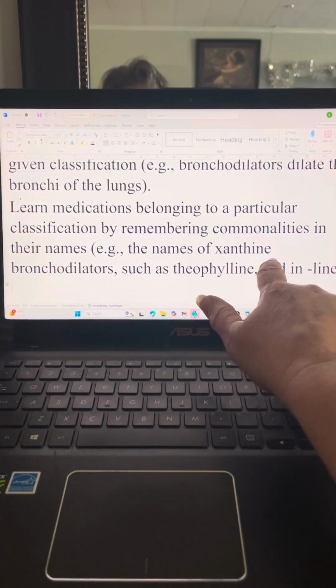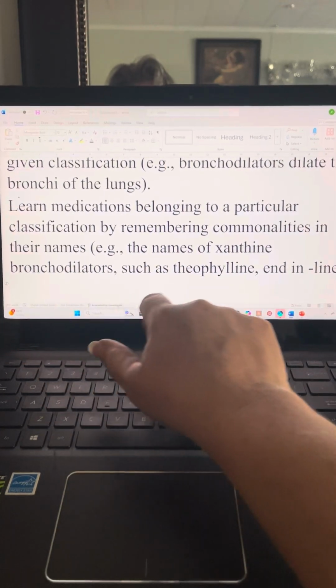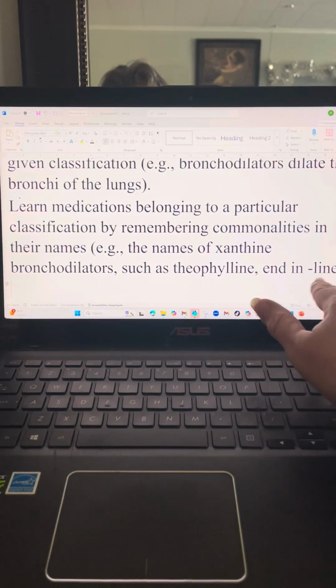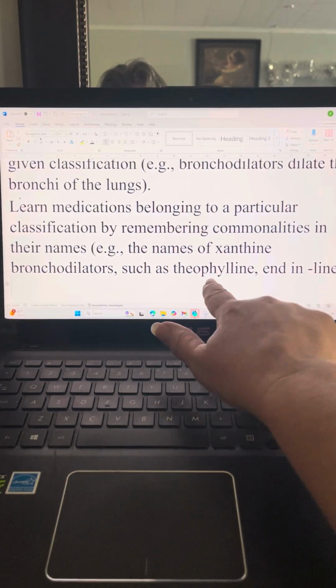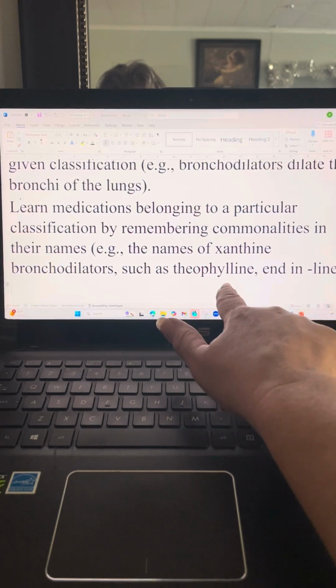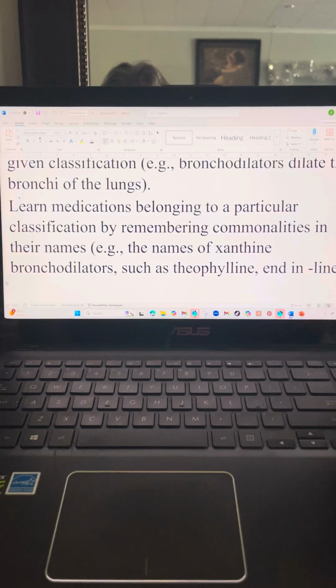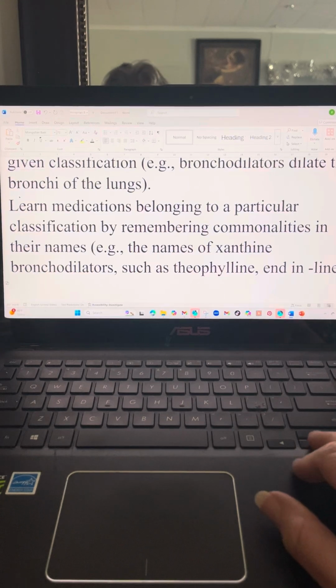The names of xanthine bronchodilators, like theophylline, they all got lin in the end, but those are xanthine derivatives. Xanthine, boy, he'd dilate your bronchi, wouldn't he?